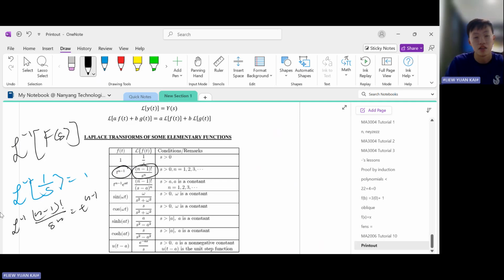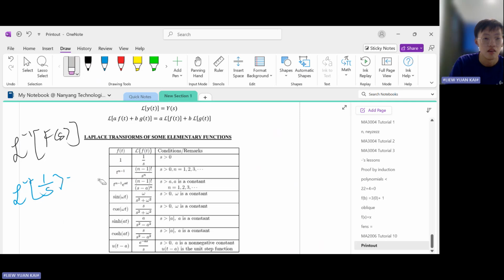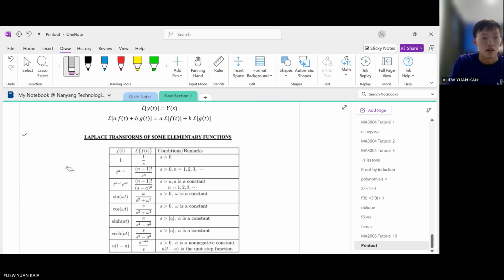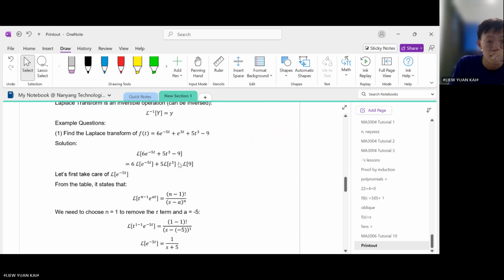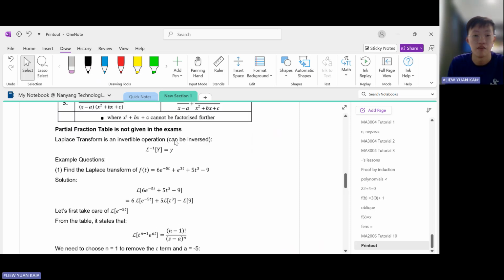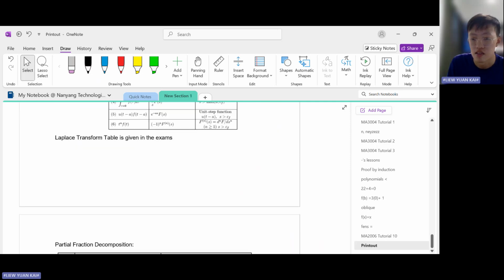So this is how you make use of this table to first find the Laplace transform, and secondly to find the Laplace inverse of frequency domain functions. I'm not going to go through this example because it's fairly obvious, so we can straight away start the questions.